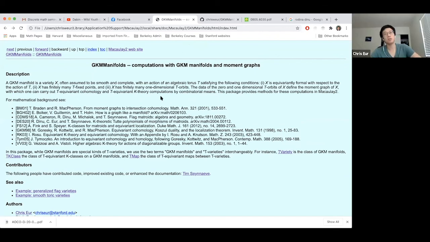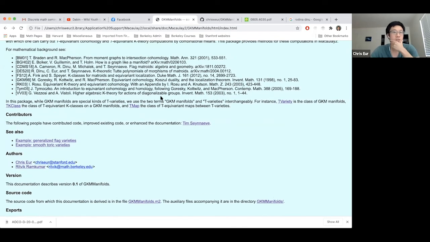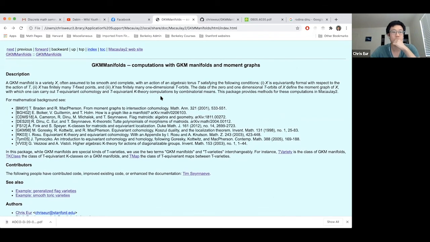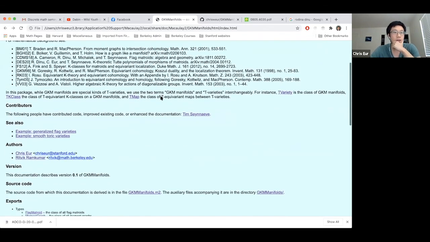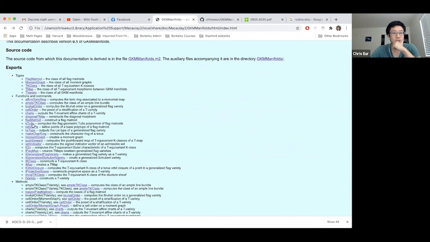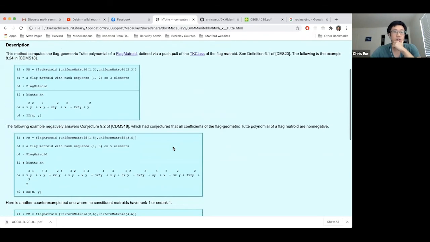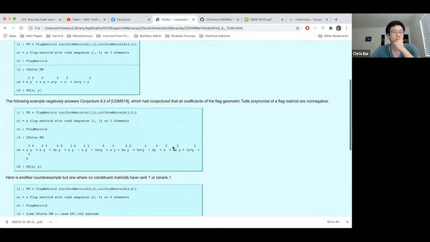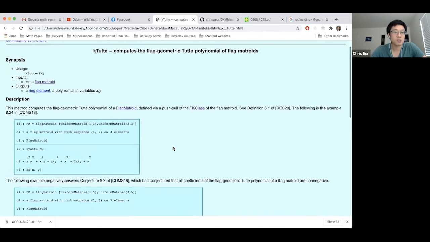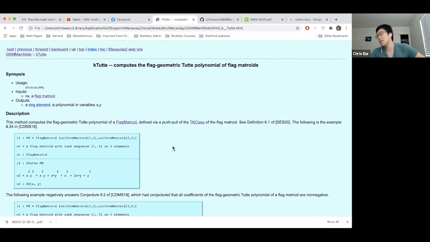So this is Macaulay2 software that I wrote with Rifik. Much of this was developed while we were writing the paper with Radhika and Tim. For example, if you would like to see the computation for the K-theoretic Tutte polynomial, the geometric side, you can actually do the computation yourself and see how they come out.